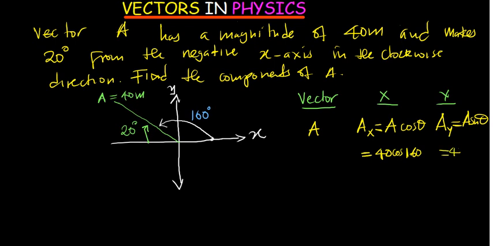And then 40 cos 160 gives me negative 37. The calculator must be in degrees because we are using degrees. If you leave the calculator in radians, you automatically lose some marks because it will give you something else.